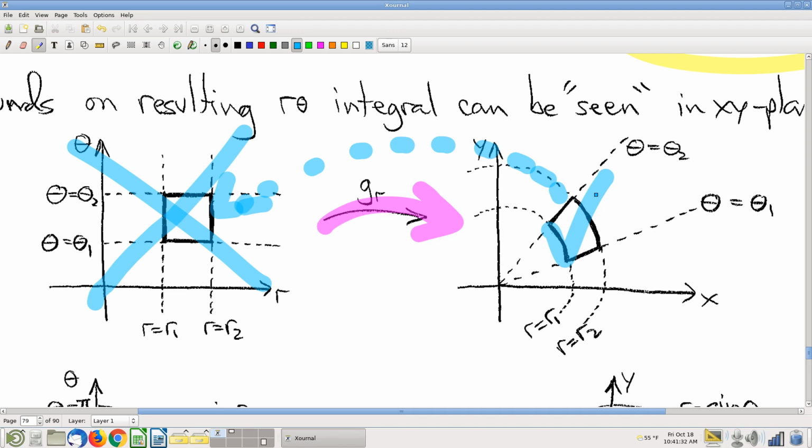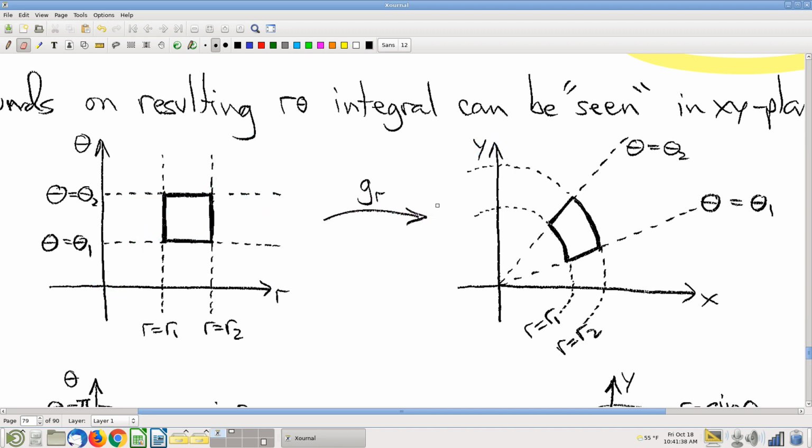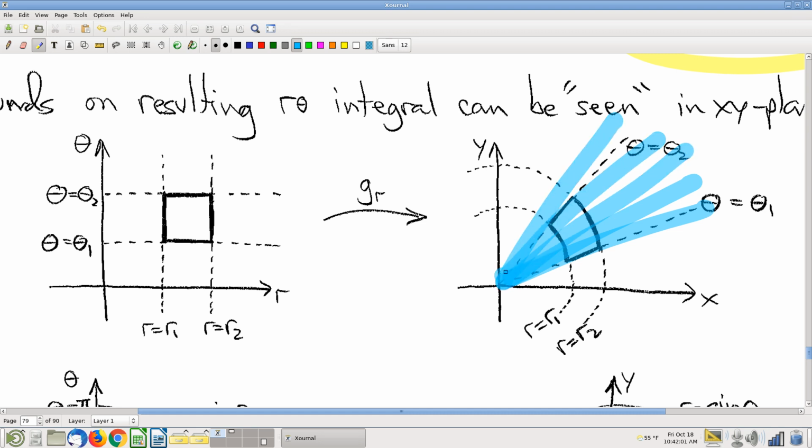So just do it that way. That's really convenient. As you all recall, sometimes it's just kind of awkward to draw and figure out what that pullback domain looks like in the r theta plane. Just do it here, with the understanding that you have to see it in the right ways, that this is what theta slices look like. Theta slices are rays emanating out of the origin.